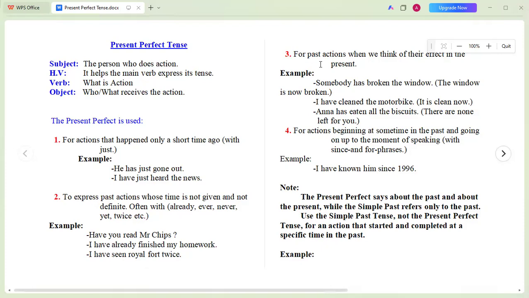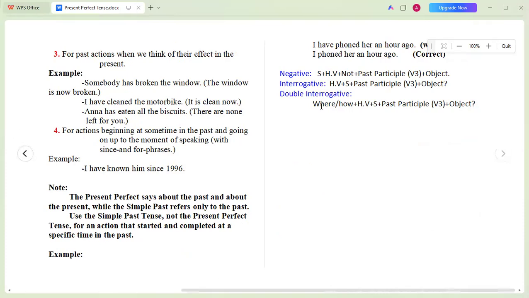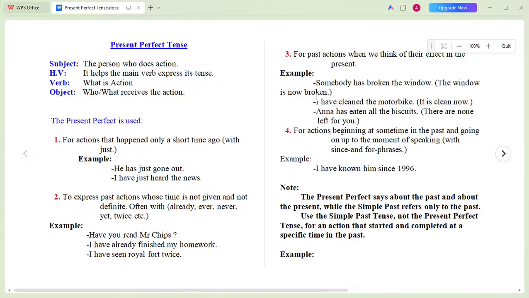So now we come to the third. It is used for past actions when we think of their effect in the present. Example, somebody has broken the window. Okay, in bracket I have mentioned the extra detail. The window is now broken, so it shows the action that started in the past.